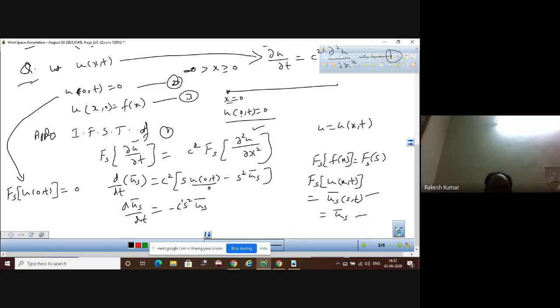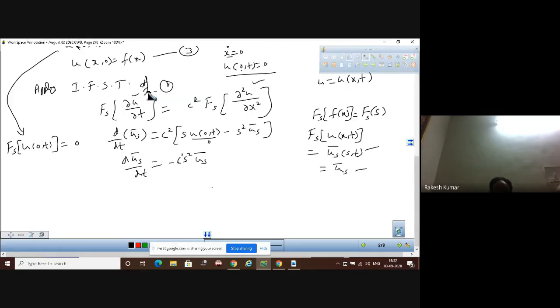and you can write the equation like this. We solve the equation by writing down its auxiliary equation, and that will be D plus c square s square into u s bar equal to 0.